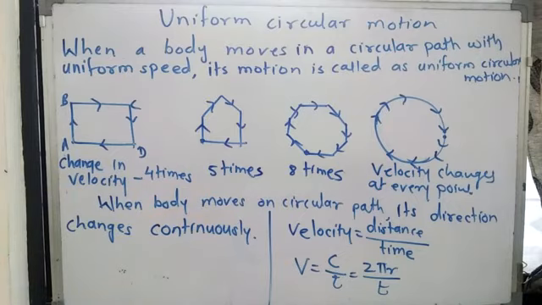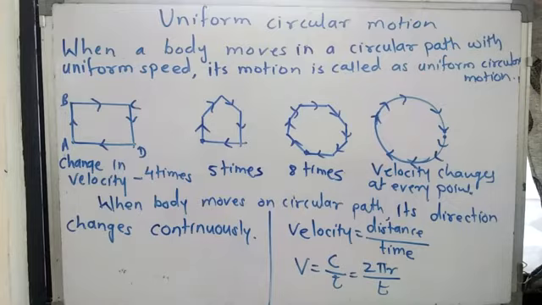But if the object is moving on a circular way, now see, when object is moving on the circular path, its velocity changes at every point, because no 2 points on the circle are on the same straight line. Circle के कोई भी 2 point को जोड़ के हम straight line नहीं बना सकते. So we can say that 2 points on the circle have different direction.